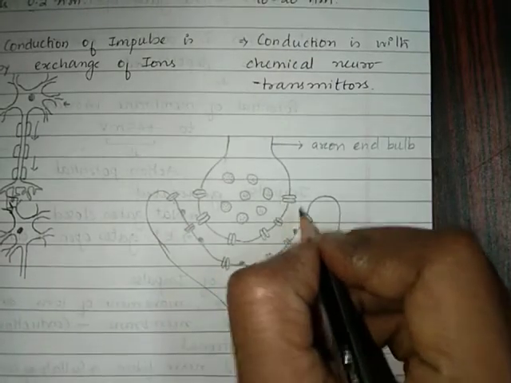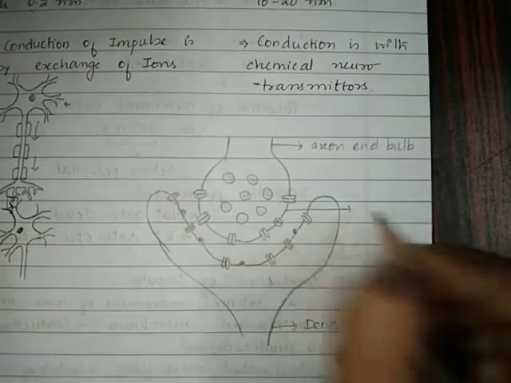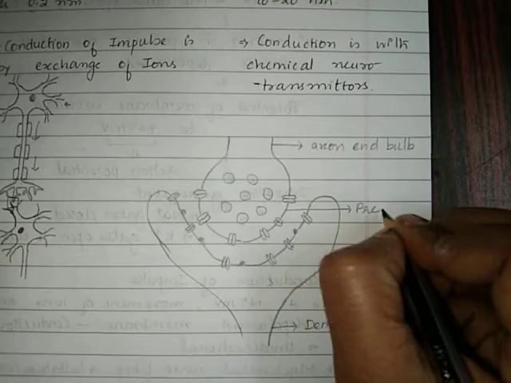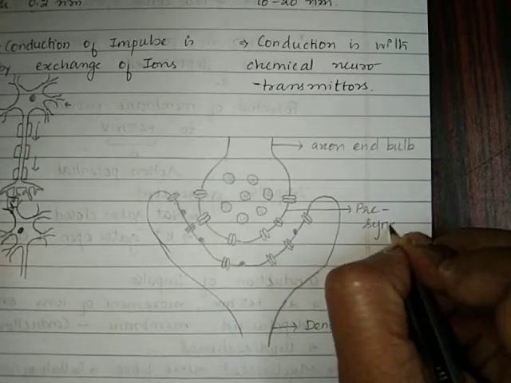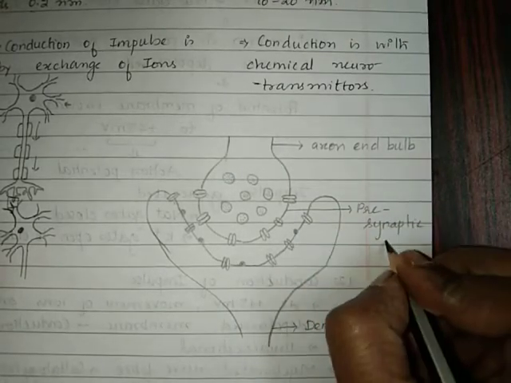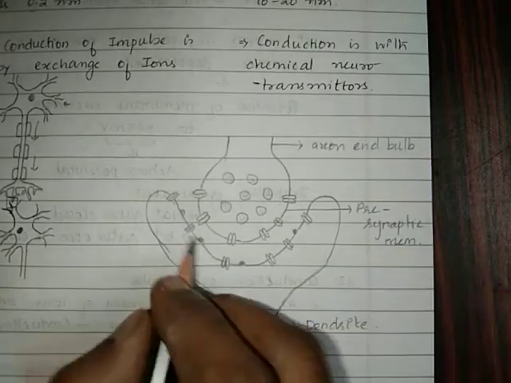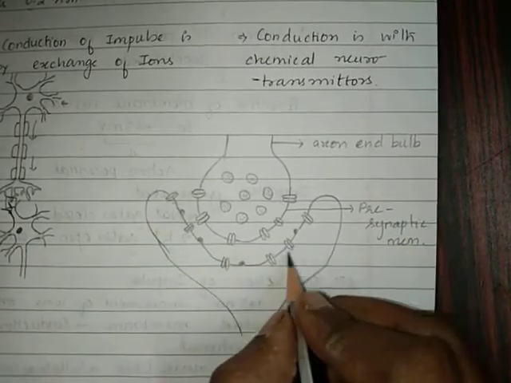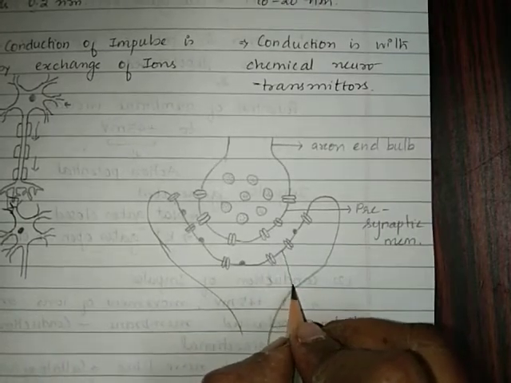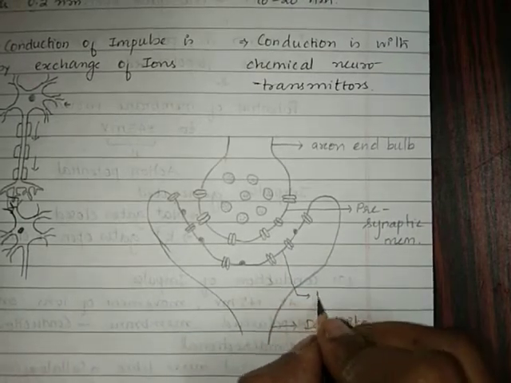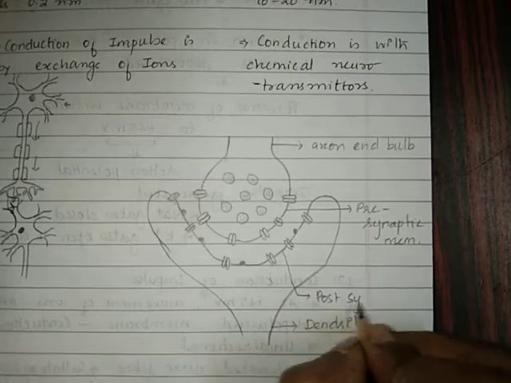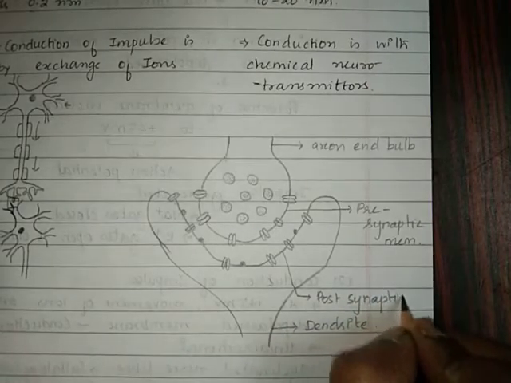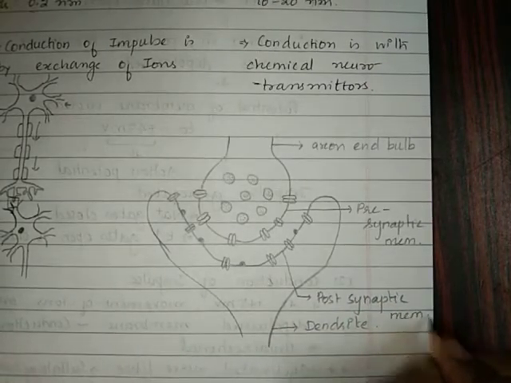This membrane, I'll mark it here, is called the presynaptic membrane, and the part of the dendrite that is coming into contact with the axon end bulb of the other neuron is called the postsynaptic membrane.